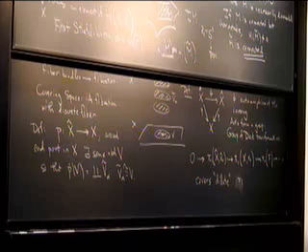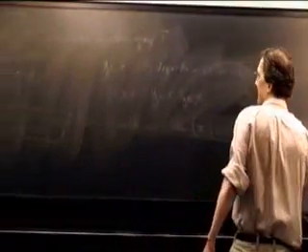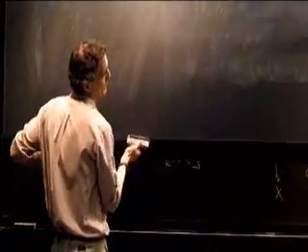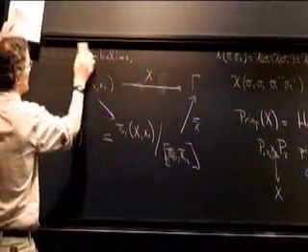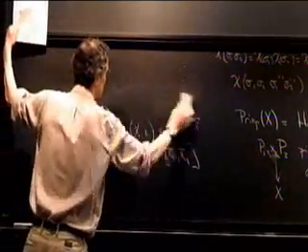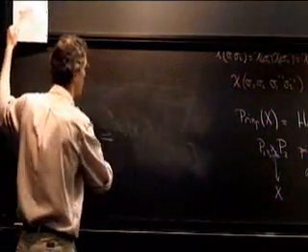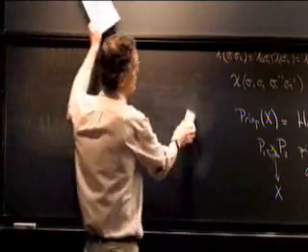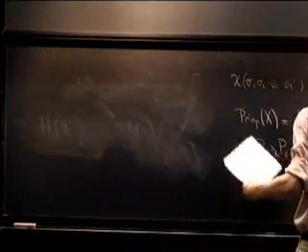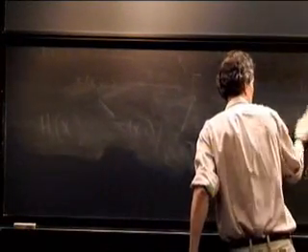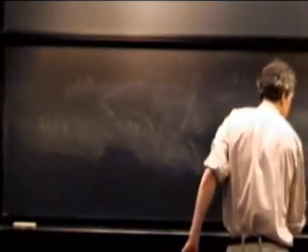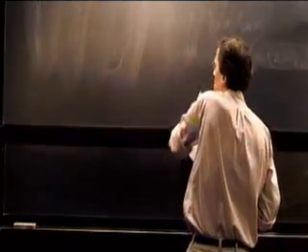So given any topological space that's sufficiently connected, I'm not going to go into the mathematical technicalities. It's got to be arcwise connected and something called locally arcwise connected, but anything you're likely to meet will satisfy that. So given a topological space X, there exists a canonical cover called the universal cover.